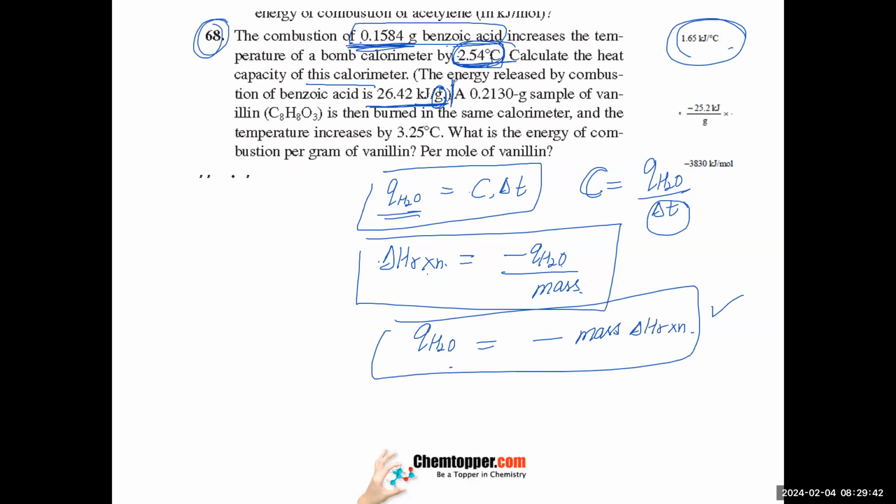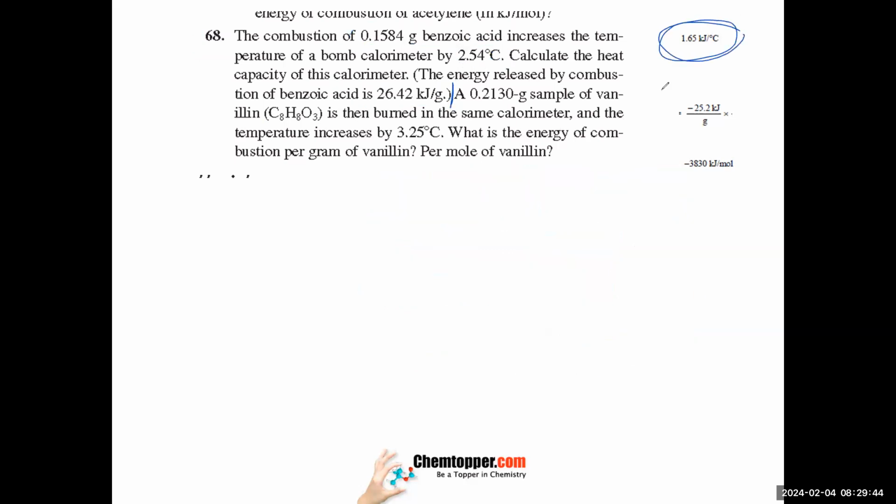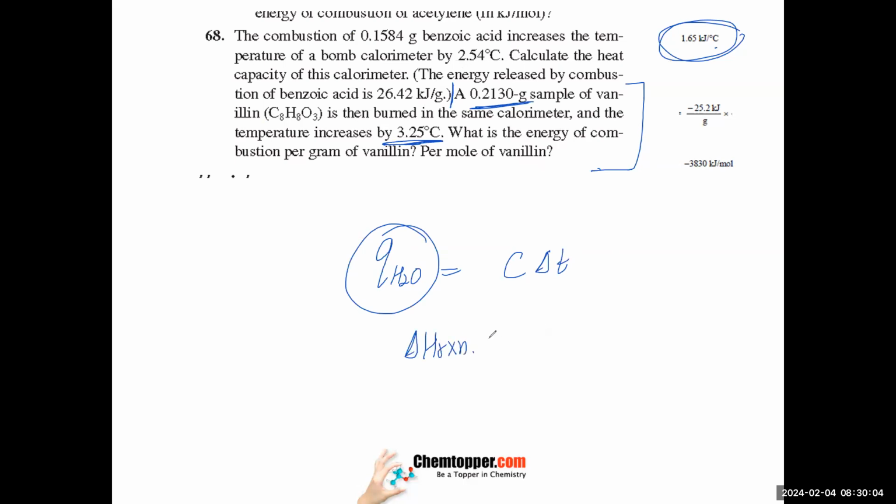Then I can use this C for the rest of the problem. For the rest, the mass is given, the delta T is given, C you know, so you can calculate Q of the water, C delta T. But this is the surroundings, so you can calculate delta H of the reaction, which is minus Q of the water divided by, check the unit, not per gram, not per mole, per gram.